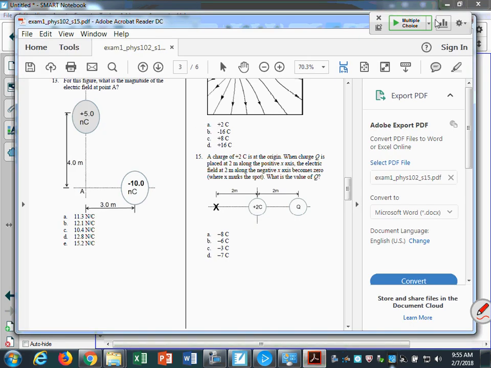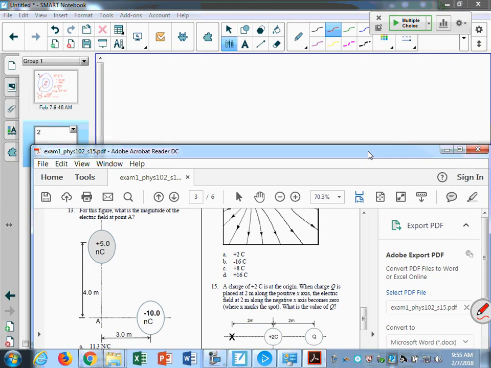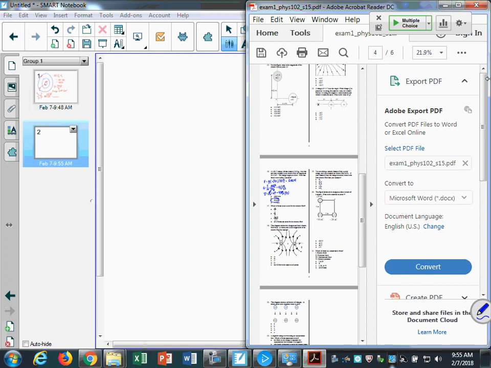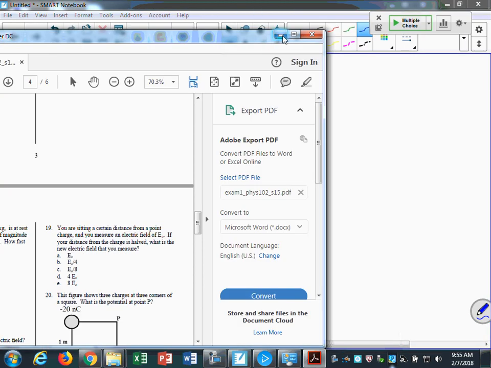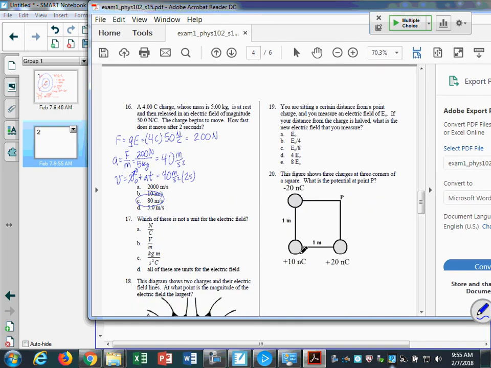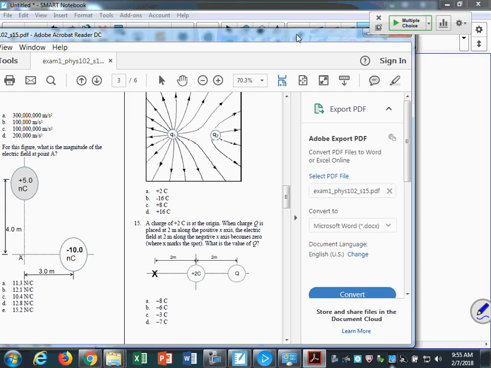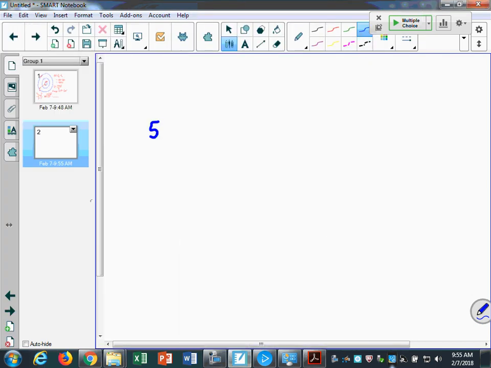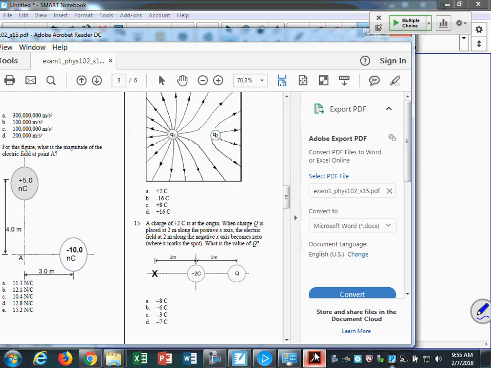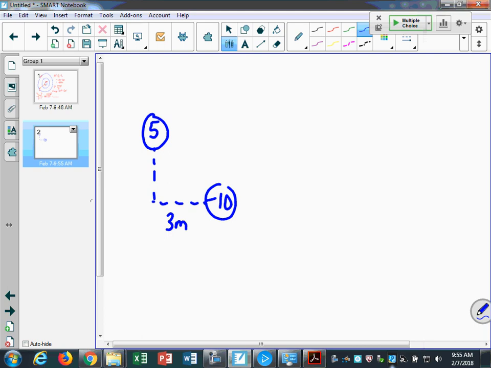It's a 5 and a minus 10. These are nanocoulombs.